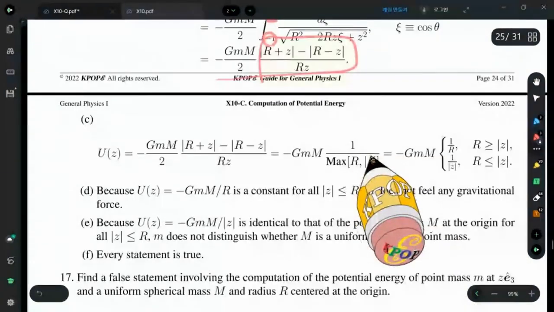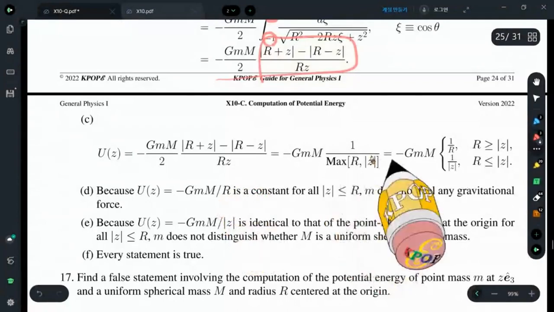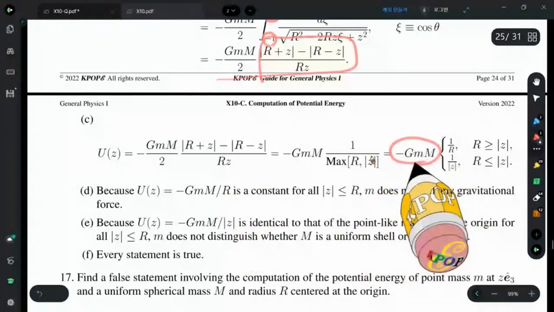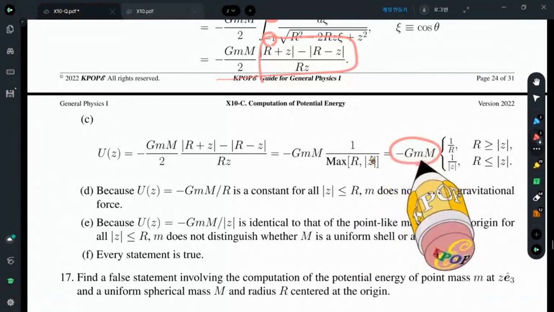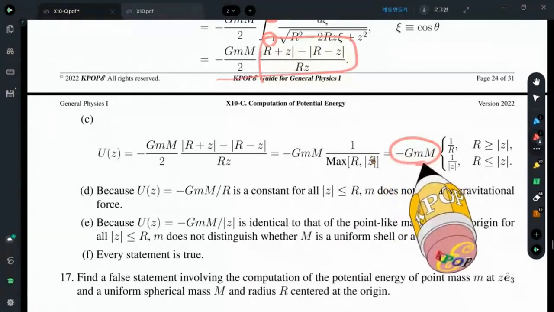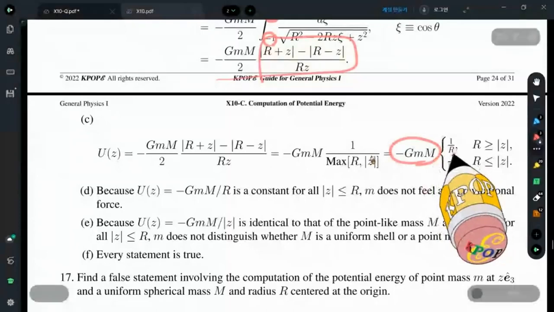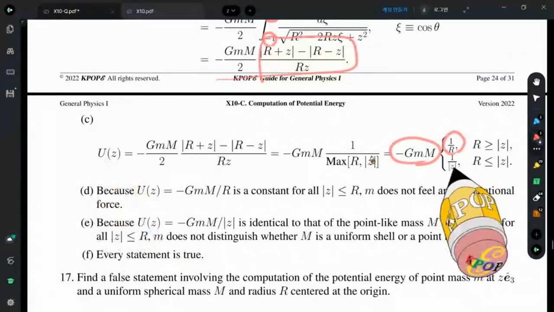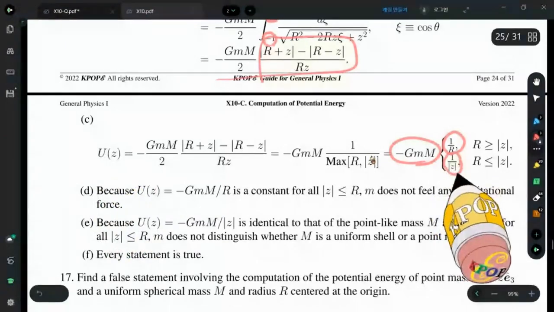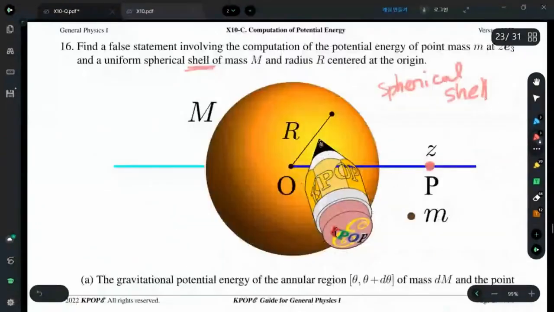Finally, the result shows that it is trivial. G is the gravitational constant, and with the product of the two masses, it is a very striking result. Potential energy is 1 over the absolute value of z. What is z?